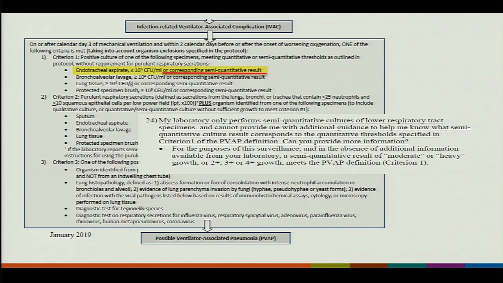It was not reported as a colony count quantitatively, but if you're not able to have your laboratory report that way, or they choose not to, and they're also not able to give you the equivalents in their semi-quantitative means of reporting, then you can use our FAQ number 24, and if you have anything that's moderate, heavy, many, 2+, 3+, 4+, those semi-quantitative means of reporting are eligible for meeting the PVAP criterion 1.